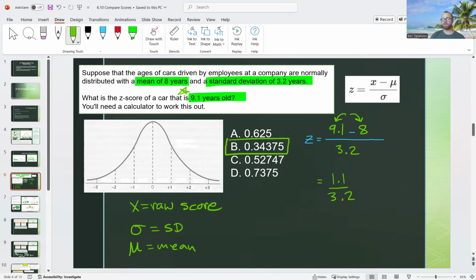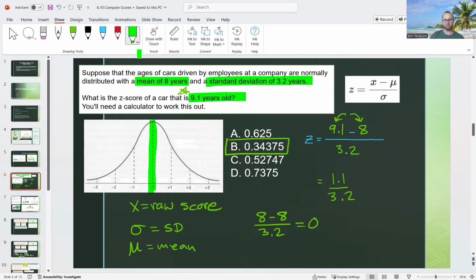Well, let's think about this logically to make sure you fully understand. What if your score was equal, or in this case, the years of the car, but what if the raw score is equal to the mean? What's that going to be? A z-score of 0, meaning your score was the same as the mean, meaning you are perfectly average.